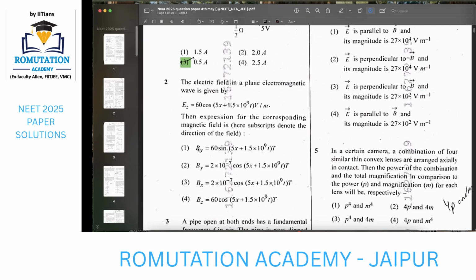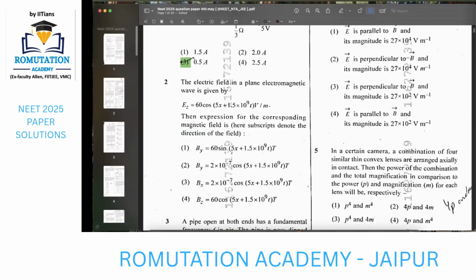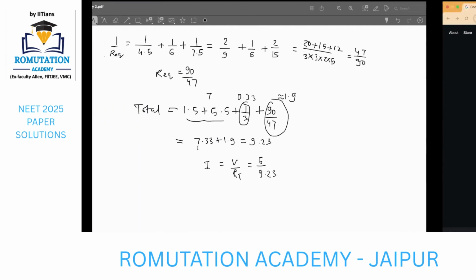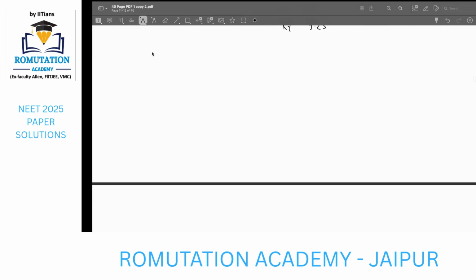As you can see, this is an expression of an electromagnetic wave, which can be written in the proper form of a sinusoidal wave. So I think we can go on to write it as, let me just write it for you. The numbers are 65 and 1.5 into 10 to the power 9.